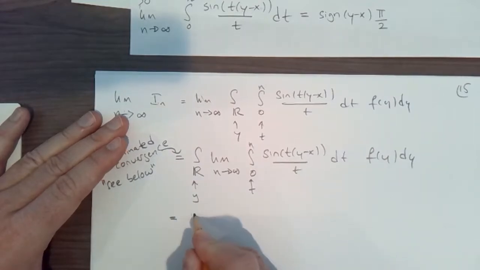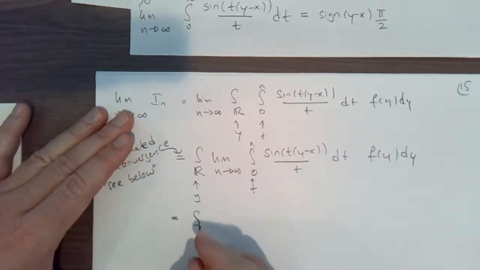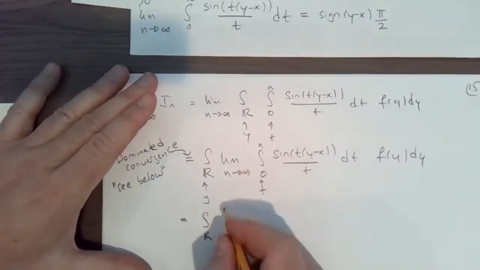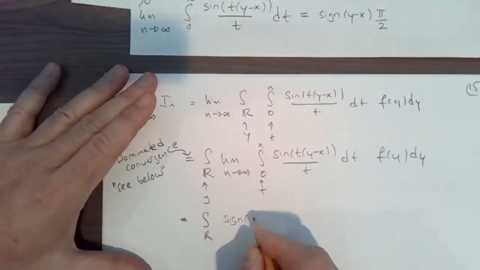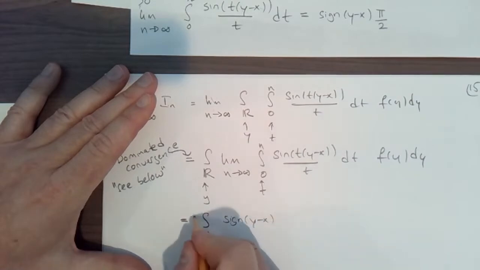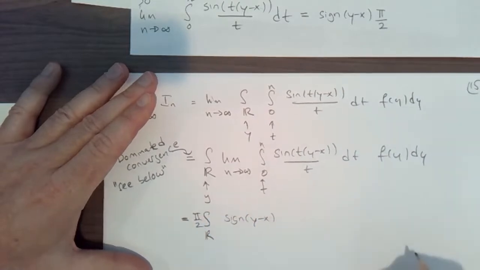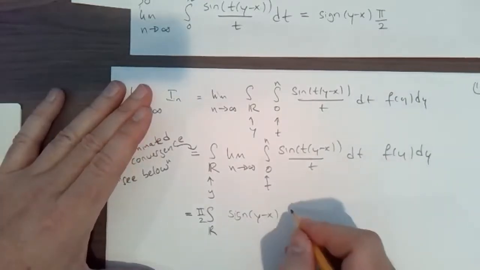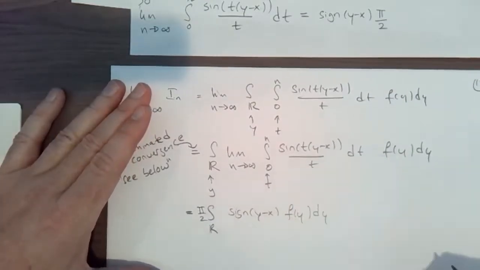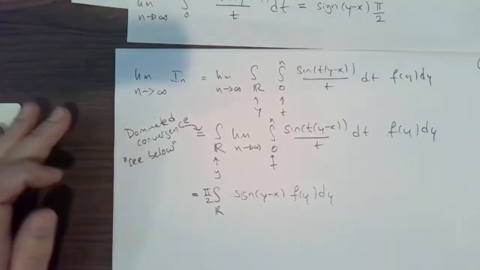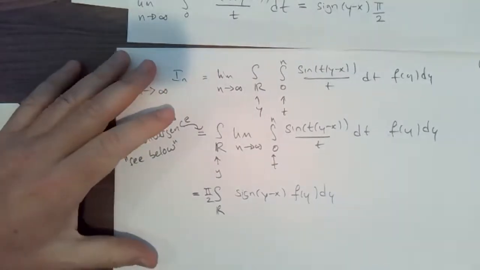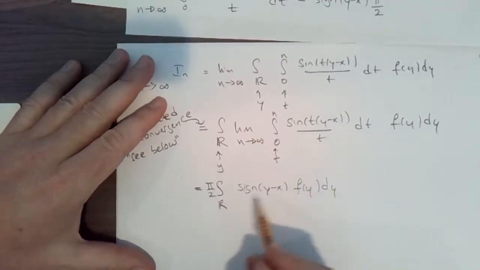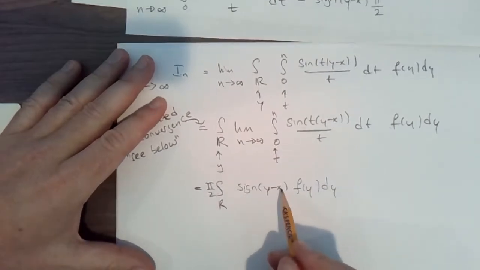So that would become the integral over R. Now this guy here is going to disappear. This is going to become sign of y minus x times pi over 2, f of y dy. And now it will be natural to split that outer integral depending on how y and x relate.